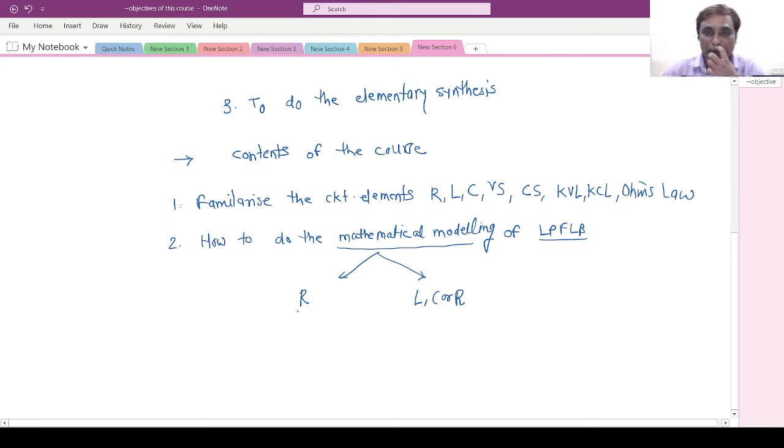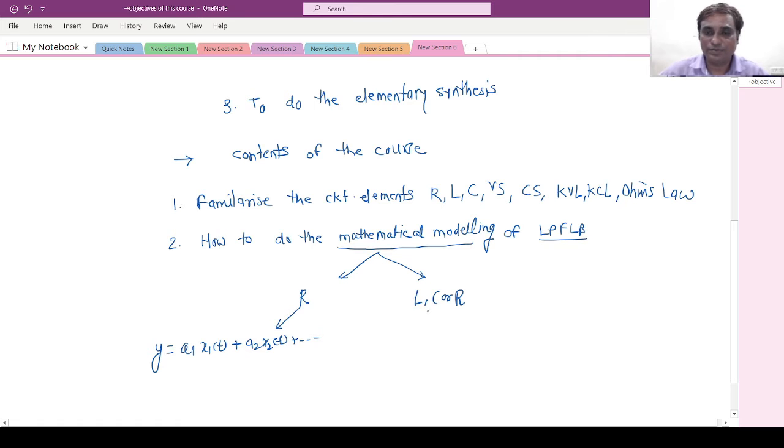When the network consists of resistive elements, then once we do the mathematical modeling, the form of the equations will be like this. Suppose I assume the voltage across the resistor is equal to some constant into current for one branch, A2 x2 of t something for a second branch, like this.